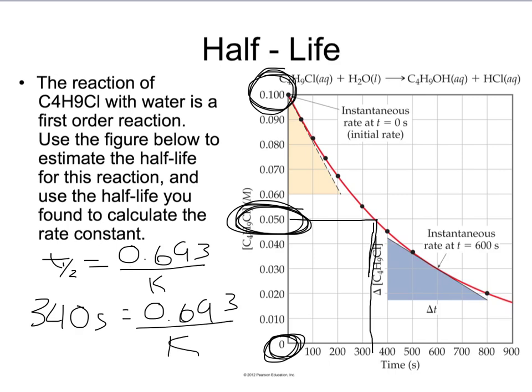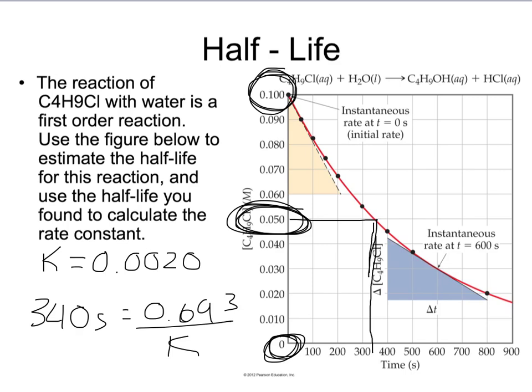So then if I simplify this down, try to solve for K, ultimately I'll end up having 0.693 divided by 340 seconds is what K will end up giving me. So if I do that, let's erase that. Then we would get K equaling 0.0020.